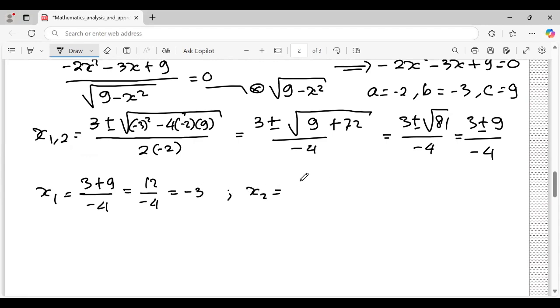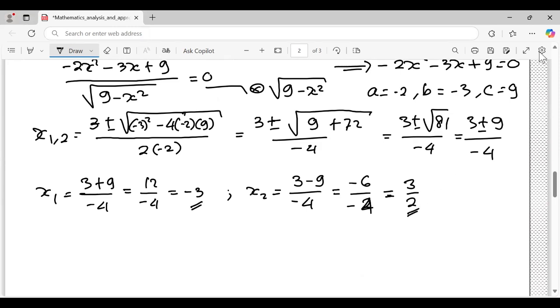While x2 equals 3 minus 9 over minus 4, and it is minus 6 over minus 4, sorry, minus 4. And simplify becomes 3 half. Okay. So there are minus 3 and positive 3 half.